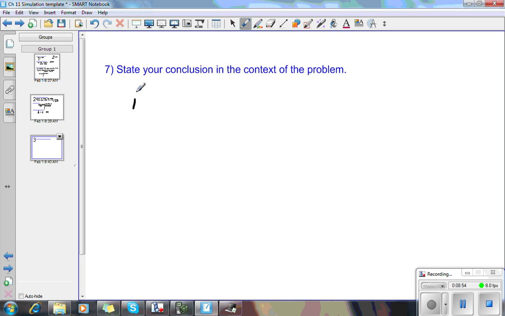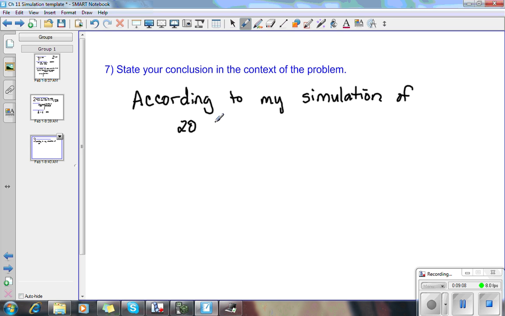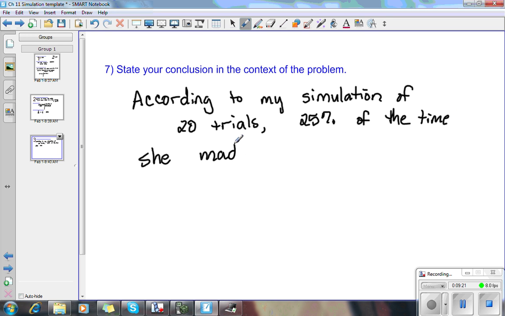So according to my simulation of 20 trials, 25% of the time, she made 6 shots or more in a row during a game.